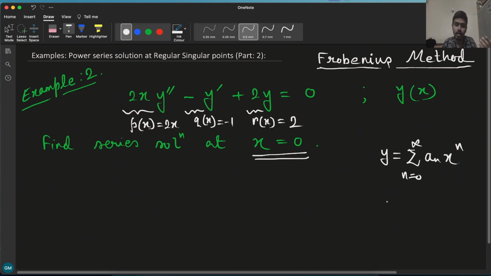If x equals 0 is a regular singular point, we will assume n plus s, where s is a constant that we need to determine. And if x equals 0 is an essential singular point, we will not find any power series solution.